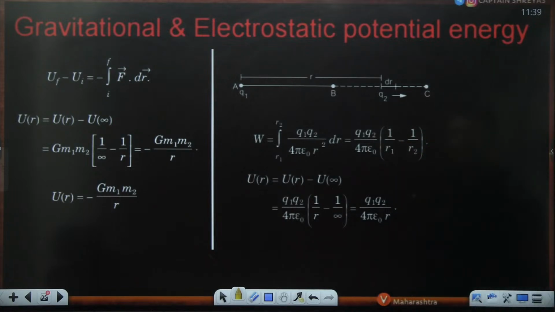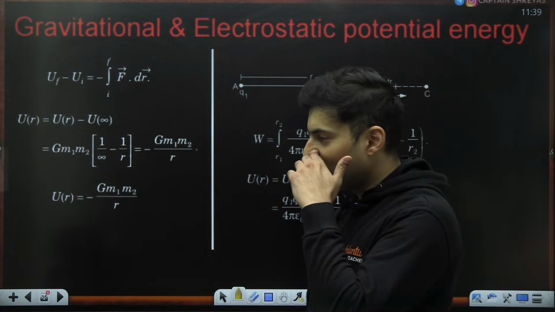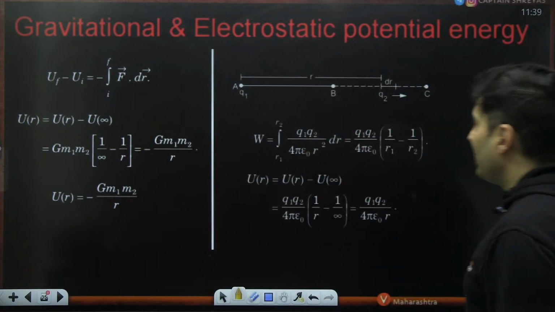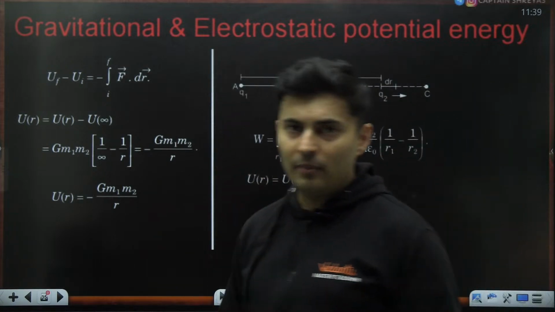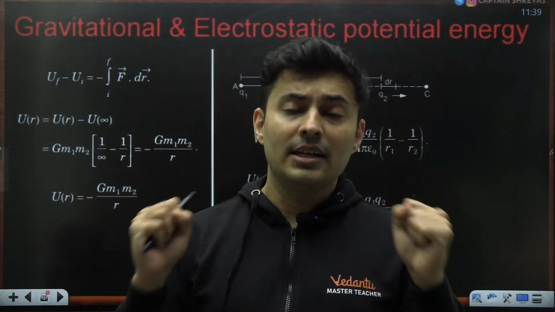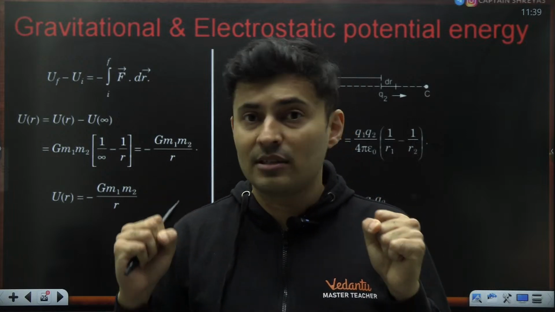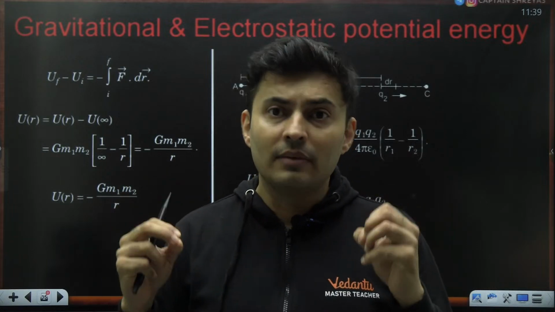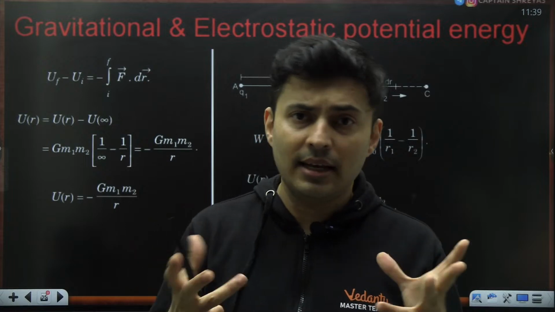Gravitation and electric potential energy. Yes, gravitational and electric potential energy. Whenever you have multiple charges together, they possess energy in the form of potential. If it is due to masses, it is gravitational. If it is due to charges, then it is electric.